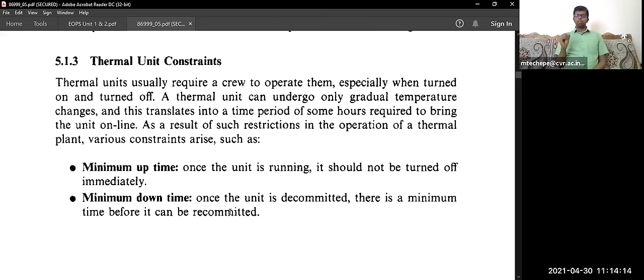For hydro, once you get the clearance from the Public Works Department to start a 100 megawatt, 200 megawatt or 500 megawatt generator, and the amount of water is confirmed, you can simply go for the operation. But thermal units take more time to be in operation. So that is called the minimum uptime and minimum downtime constraint.